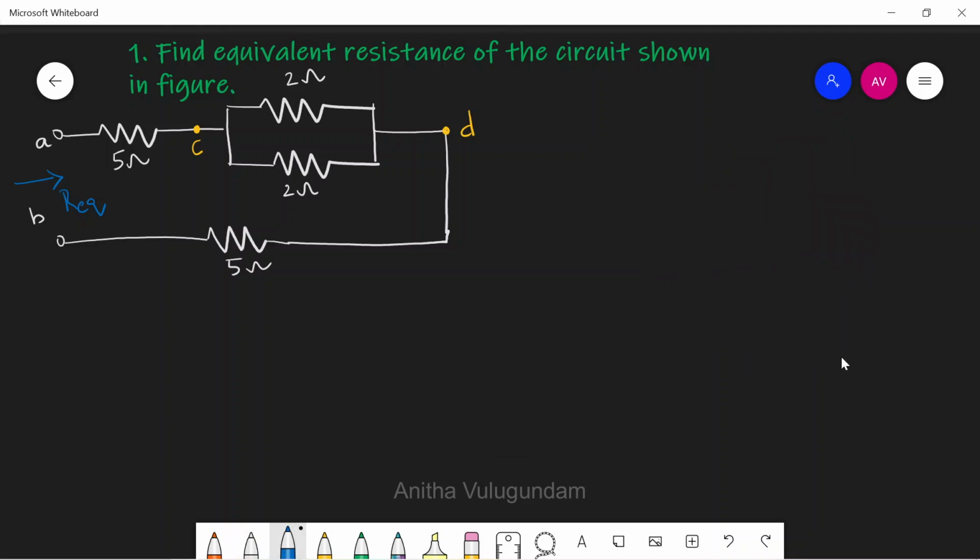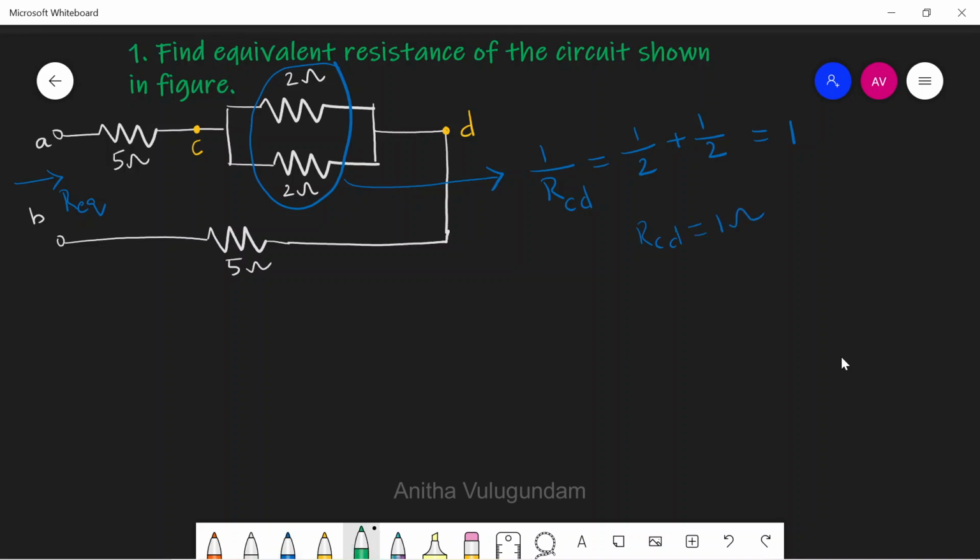From the figure I can see here 2 ohms and this 2 ohms are in parallel. So I can write here 1 by R equivalent among this branch, that is RCD, equal to 1 by 2 plus 1 by 2, which is equal to 1. RCD equal to 1 ohm.